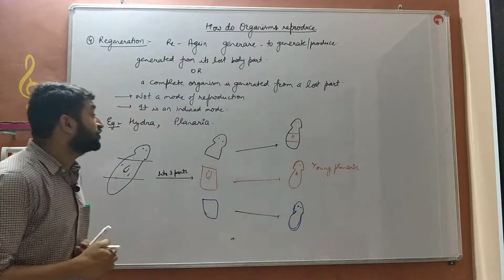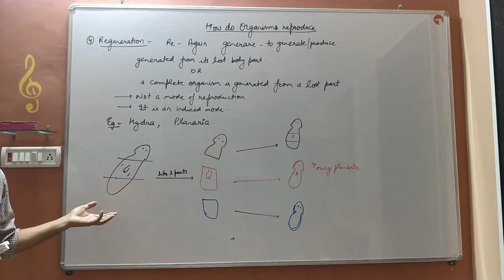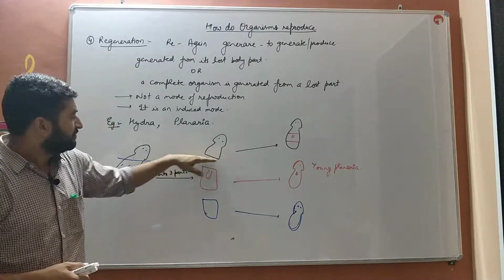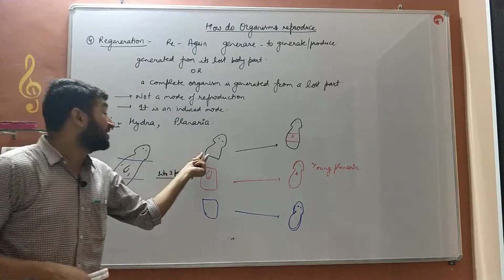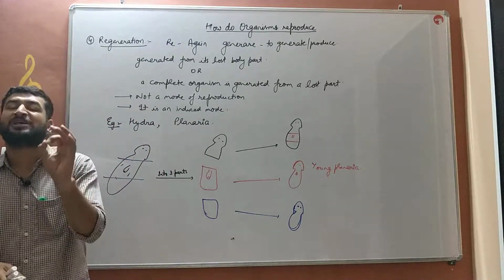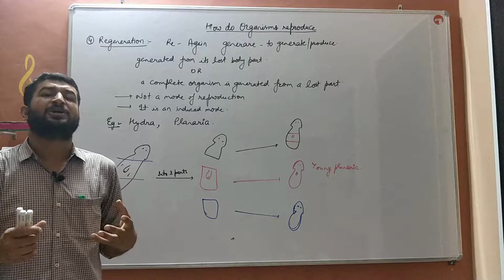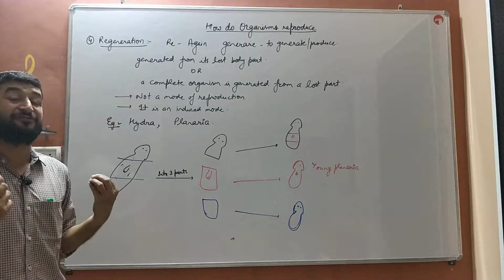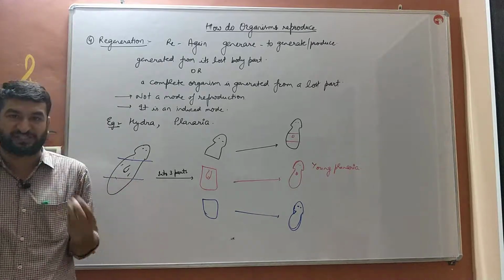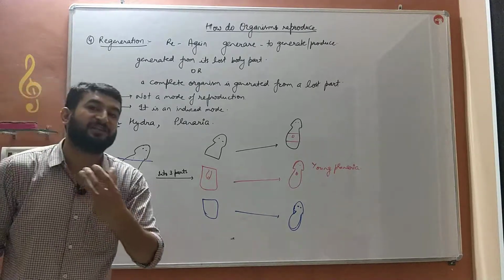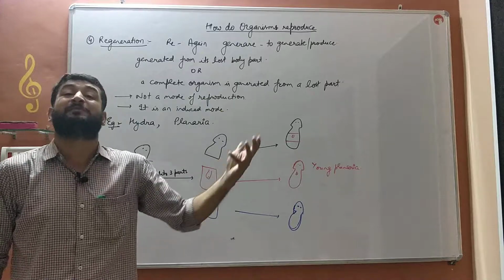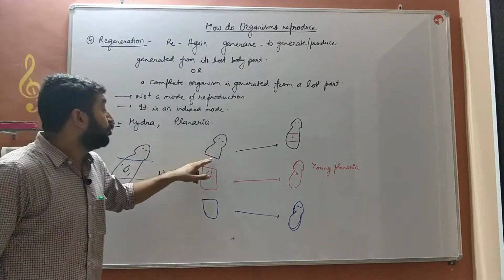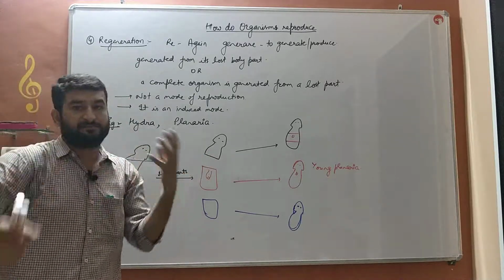So what is actually happening in this matter? Every cut part, every dissociated part has certain cells. Those cells have the capacity to give rise to the young one. Those cells are de-differentiated cells which are specific for the production of the various parts of the organism's body. Those cells start dividing.